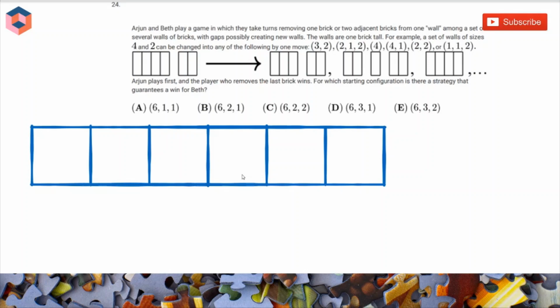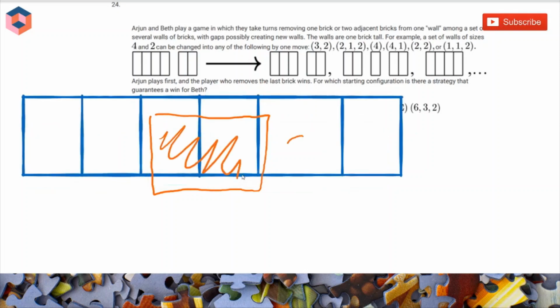If Arjun goes first, he might want to try forcing symmetry. If he can put it into a position where he can just mirror whatever Beth does, he'll take the last piece and win. And the way he can do that is by taking out this middle 2. Once he does that, whatever Beth picks, he'll just mirror that.